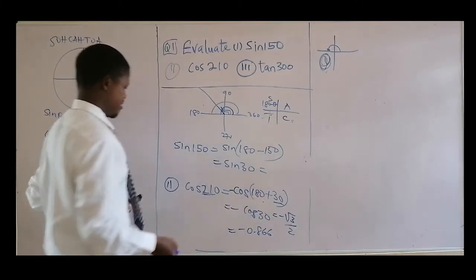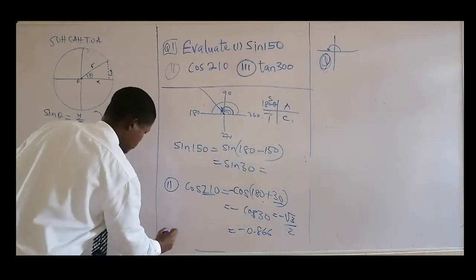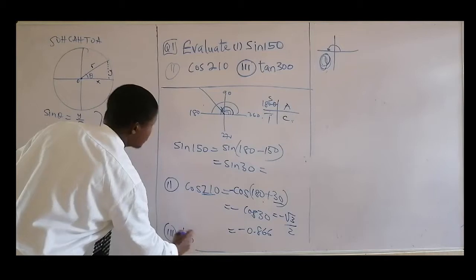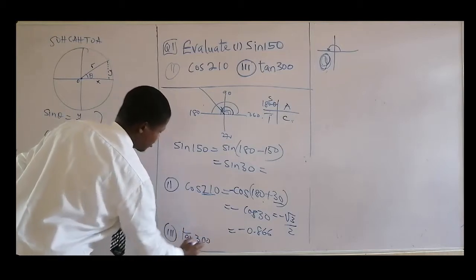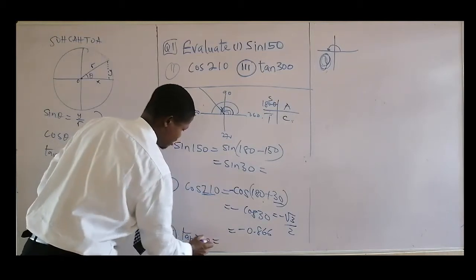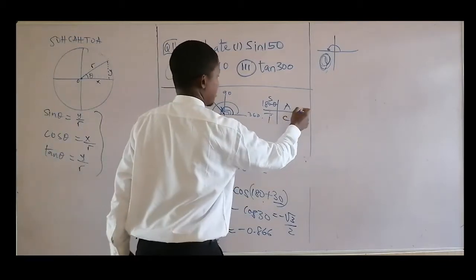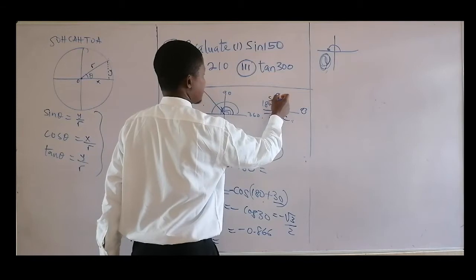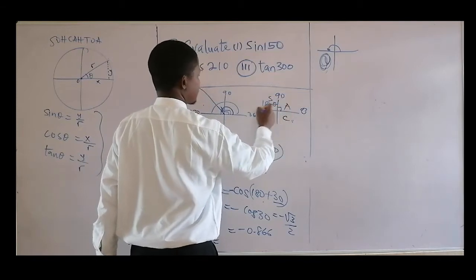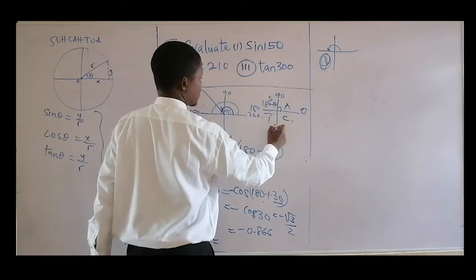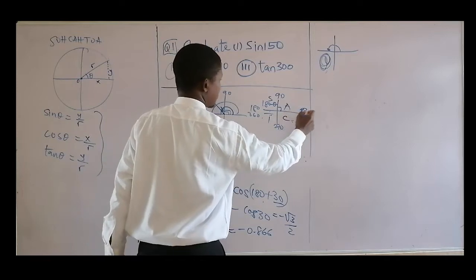So that's that. And the third one, cos 300. This 300 is in the fourth quadrant. From here to here is 90, 180, 270 in the third quadrant, and 360 here.